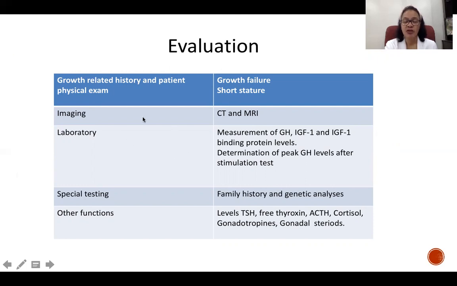I've mentioned already the blood tests in the laboratory. It's also important to do genetic analysis or look at the family tree of these patients. I've mentioned also the levels of these particular hormones.